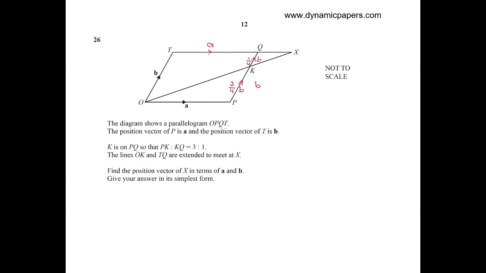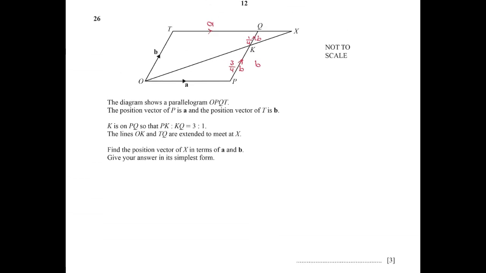Find the position vector of X in terms of A and B. Position vector of X means he needs to know OX.